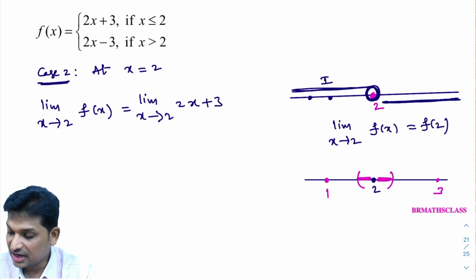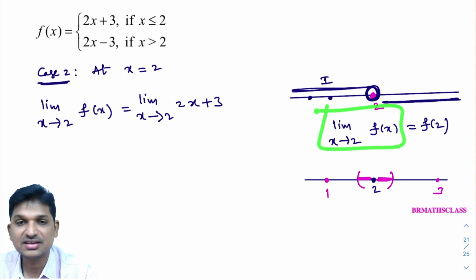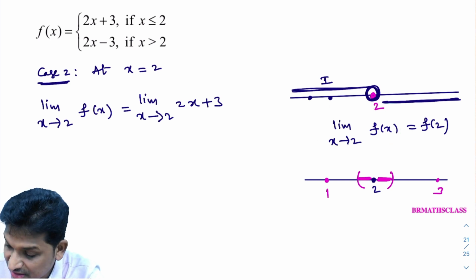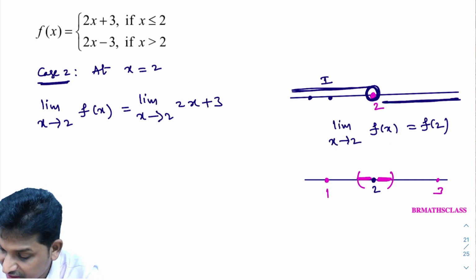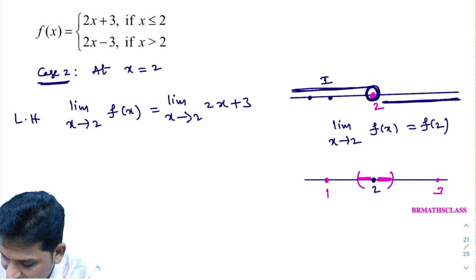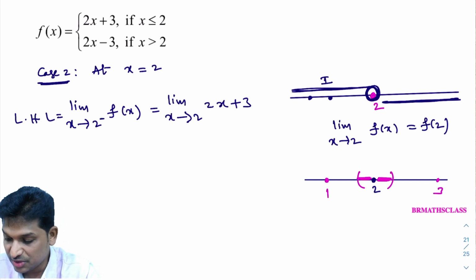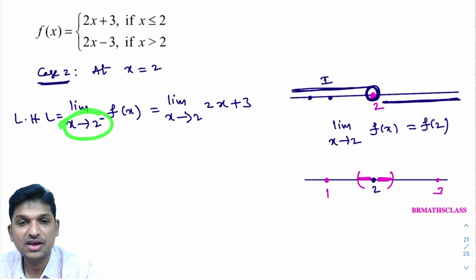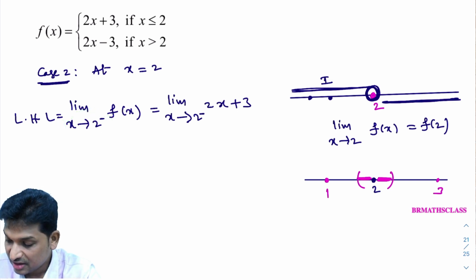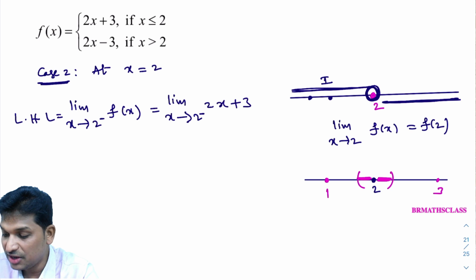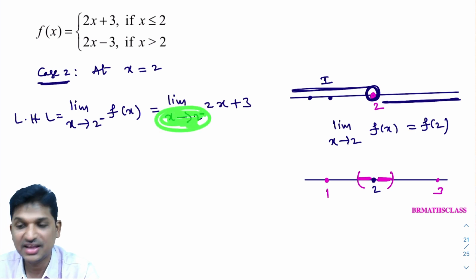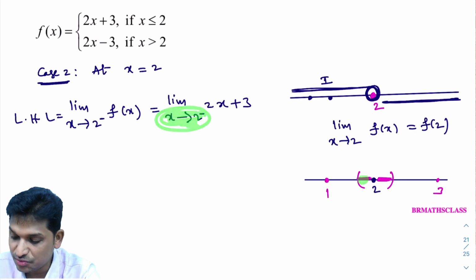So, to calculate limit x tends to 2, f of x, what is needed? Left hand limit and right hand limit are needed here. First, I need to calculate the left hand limit: limit x tends to 2 minus, f of x. X approaches 2 from left means all x values are less than 2. When x value is less than 2, which function to choose?